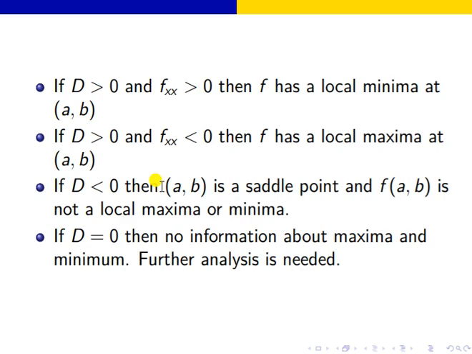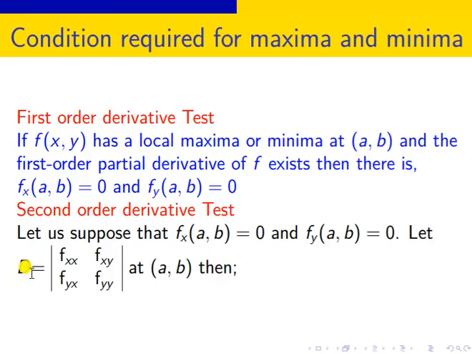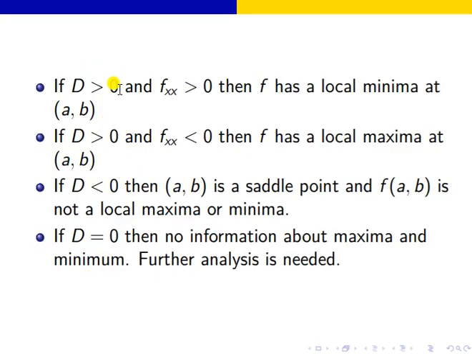There can be many cases depending on the value of this determinant. If this determinant D is greater than 0 and f x x is greater than 0, then we say that the function f has a local minima at a b.